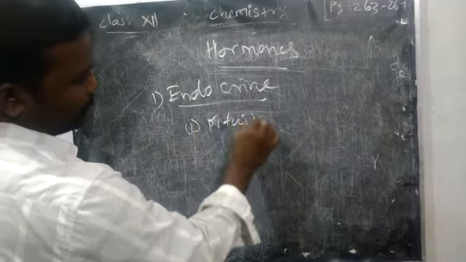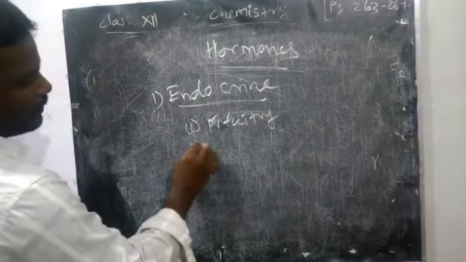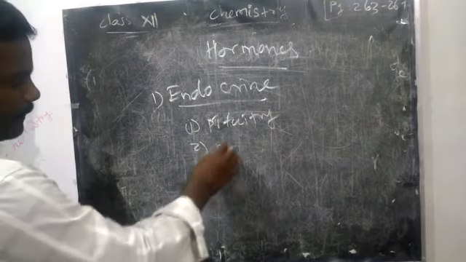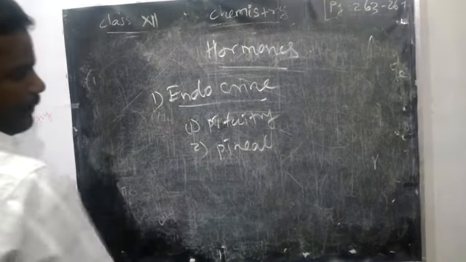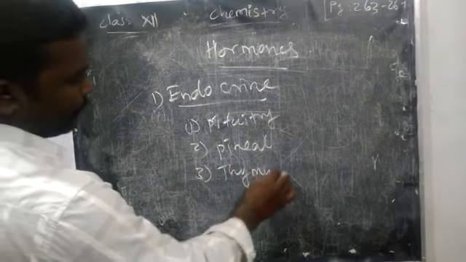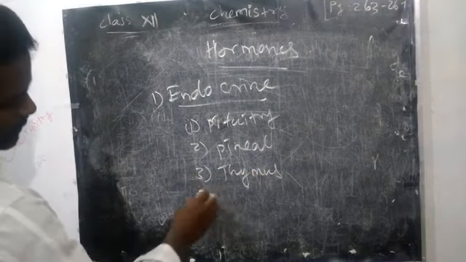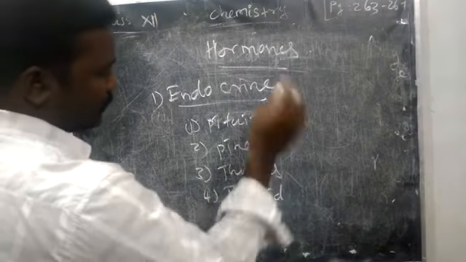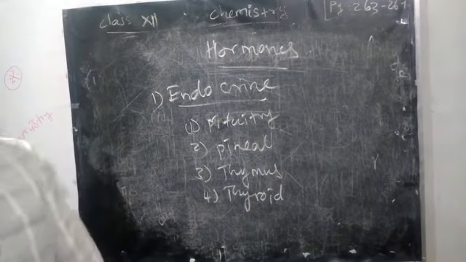Pituitary. The second one is pineal, thymus, thyroid. Anything else missing?